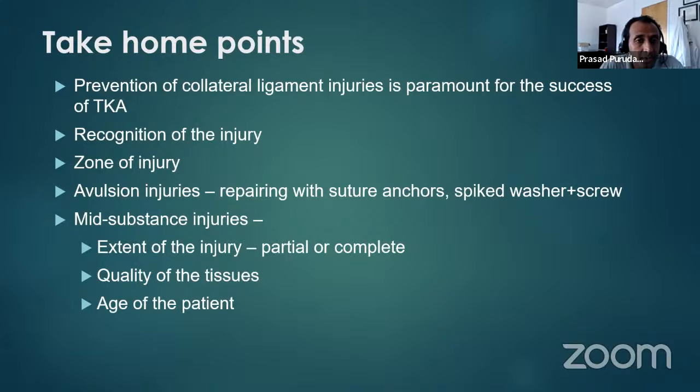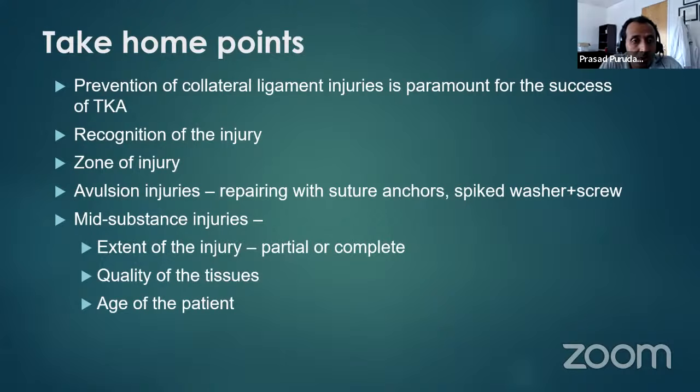But some of the basic concepts are, we have to identify whether these are avulsion-type injuries or mid-substance injuries. If they're avulsion type, most often they can be repaired with suture anchors, or in osteoporotic bone, we can probably use this spiked washer with screw technique, especially in avulsion from the femur.